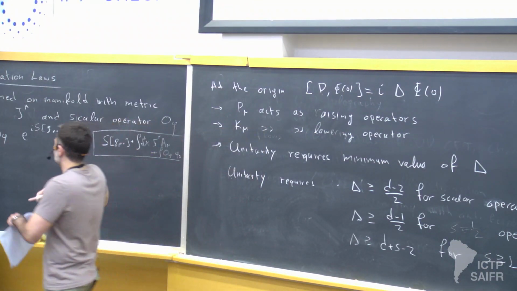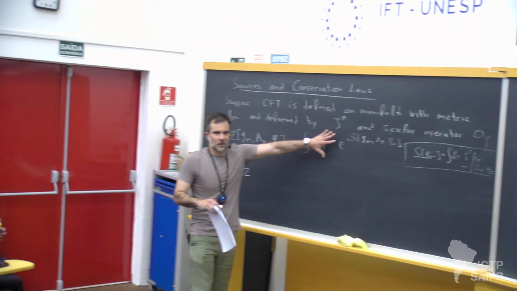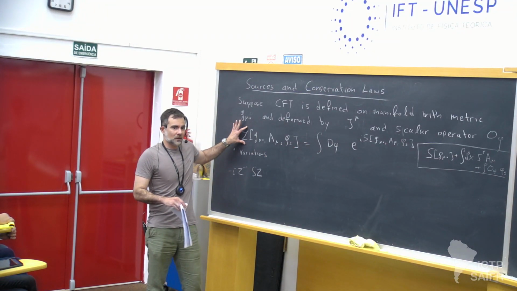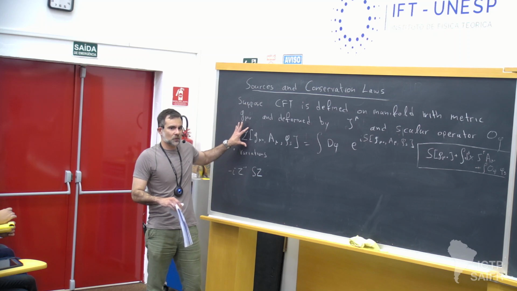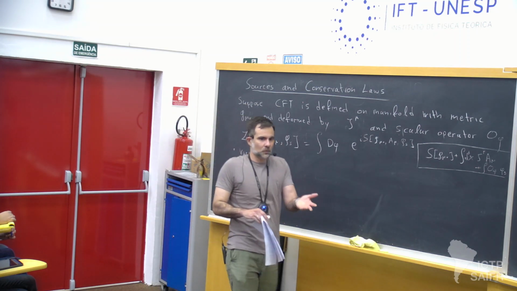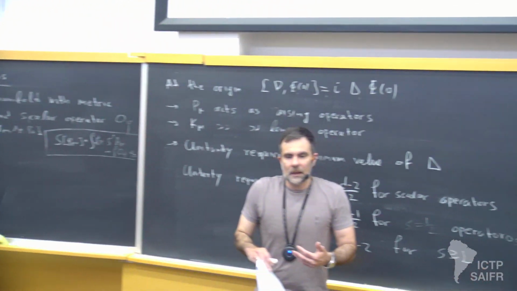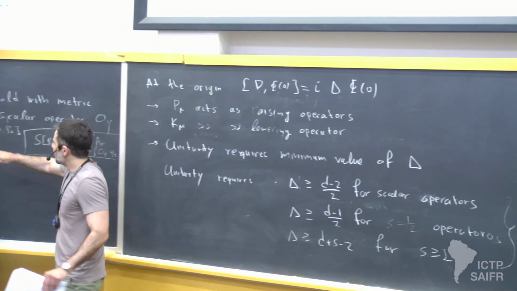I don't even need this part, right? If I have a notion of this, then I can start taking derivatives with respect to the sources and compute expectation values of operators. So what I'm going to say does not rely too much on this.